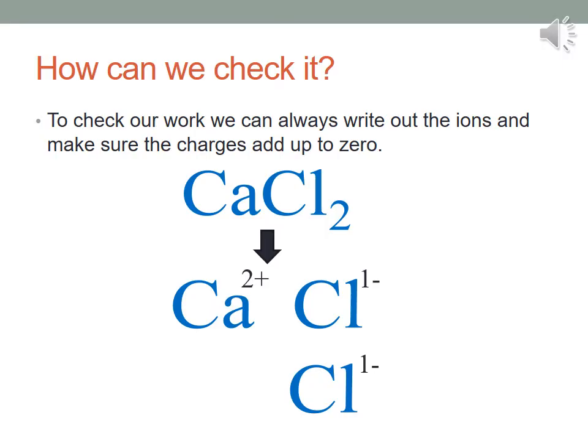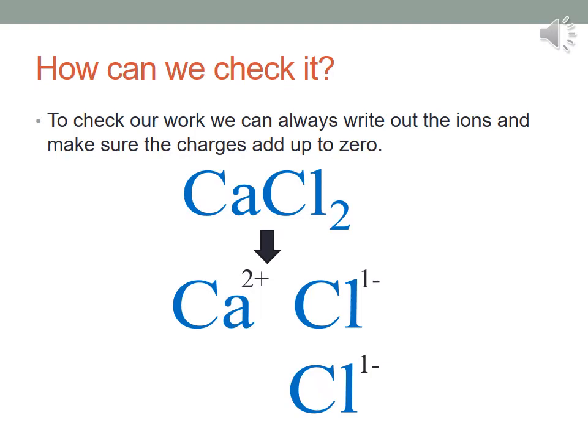So how do we know if we have written our formula correctly? How can we check it? To check our work, we can always write out each of the ions and make sure that our charges add up to 0. So our compound we made from crisscrossing the charges is CaCl2. If I was to break this down, I would have 1 calcium with its 2+ charge, and I would have 2 chlorines.